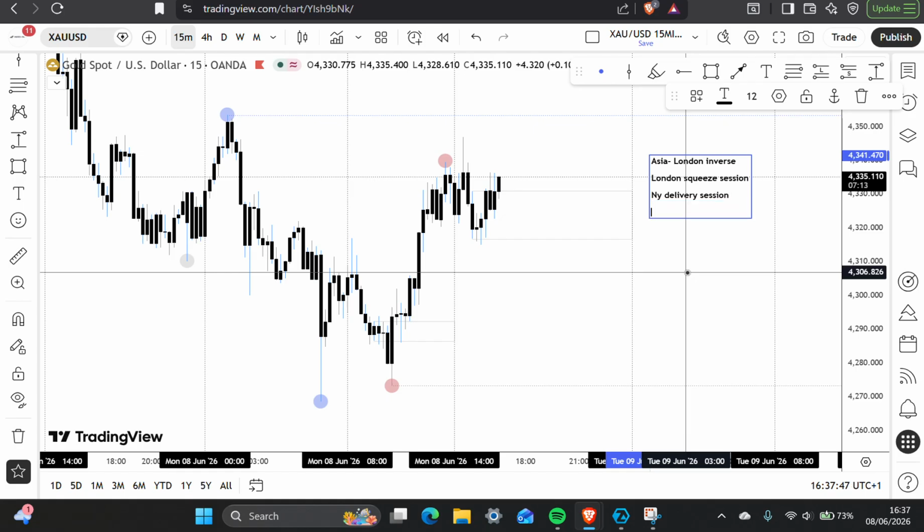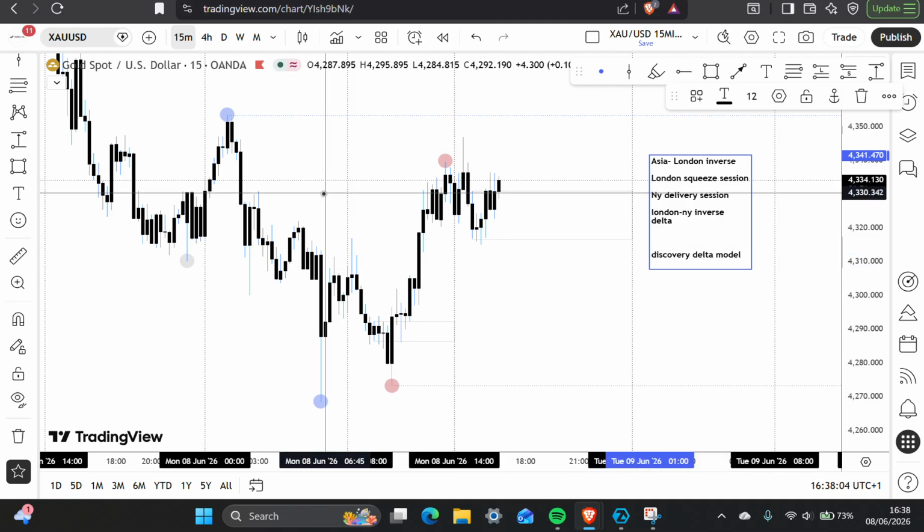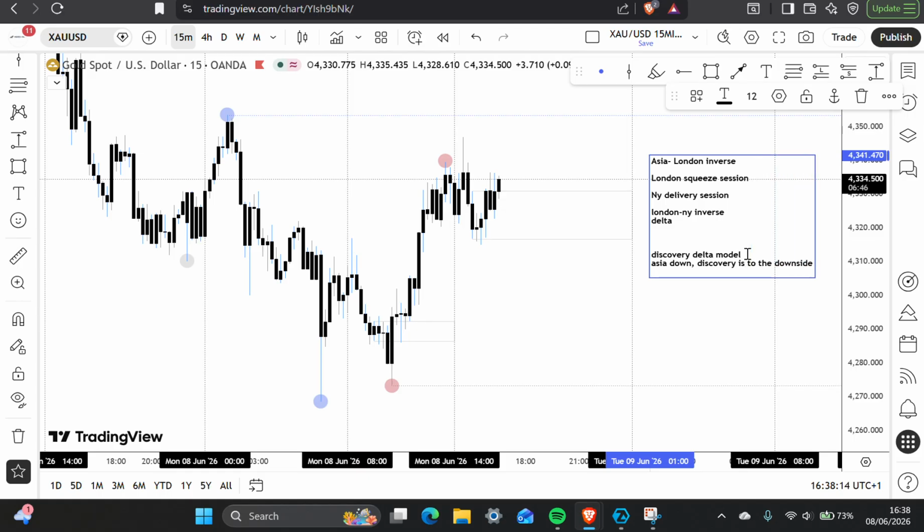If not, you may see a London to NY inverse, and all of that's going to come from Delta. The discovery Delta model is when, for example here, if you go Asia down, then the discovery is to the downside, because the first high, first low needs to print downside breaches.